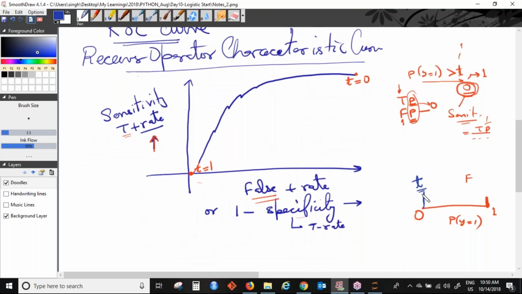So this is your threshold. So whatever is above this is 1, and all the values will be above this, right? Again, same concept. Your threshold is 0, then all the probability will be above 0. So definitely you will predict all as 1.